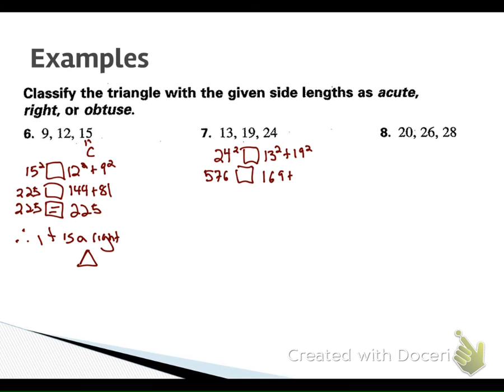And 19 squared, 361. We're going to combine our right side. When we combine 169 plus 361, what value do we get? 500? 530? Okay, is 576 greater than, less than, or equal to 530? It's greater than. So when we see that c squared is bigger, we know that it is obtuse.